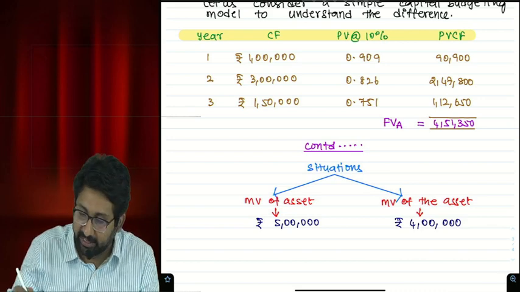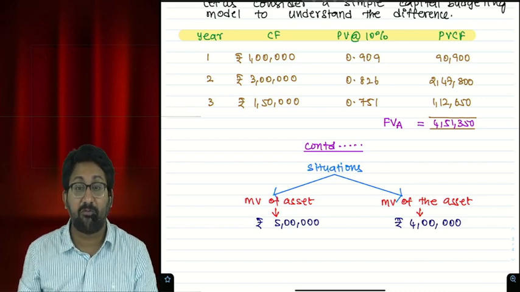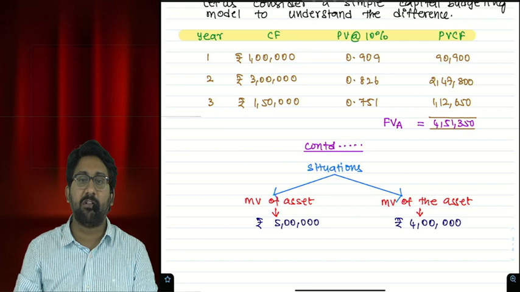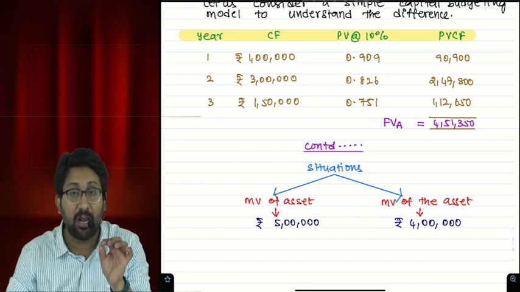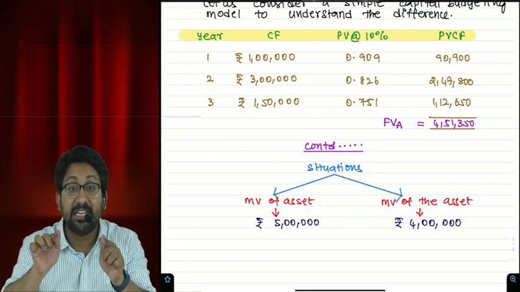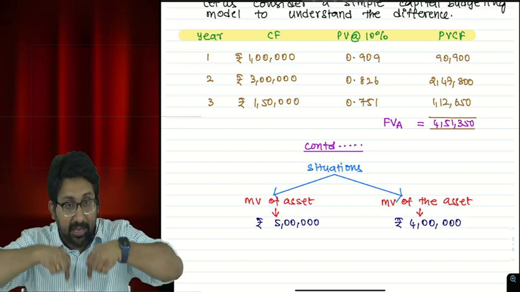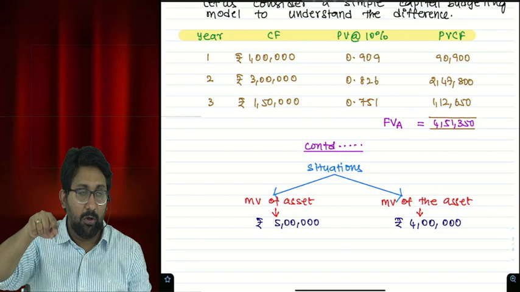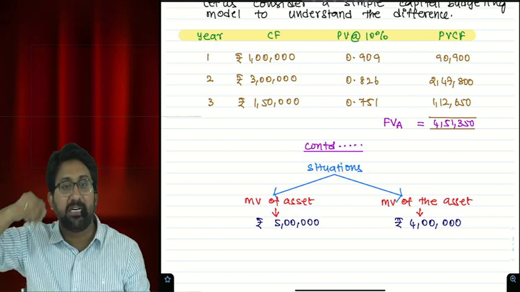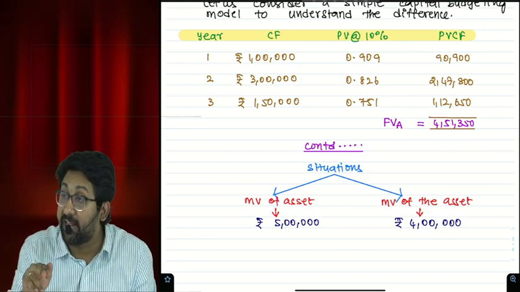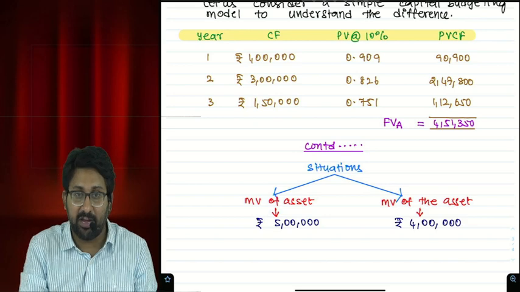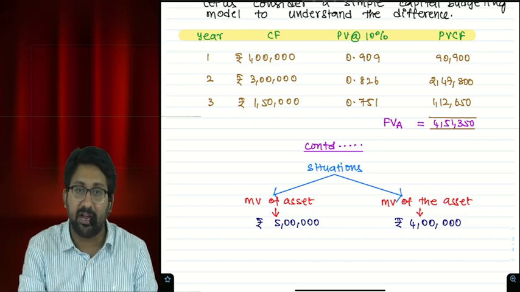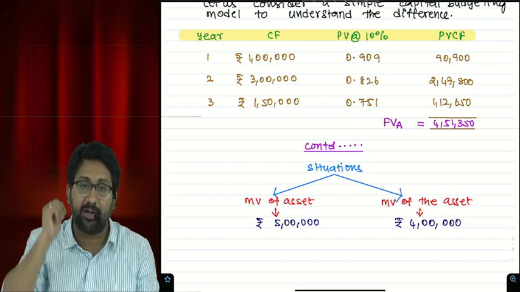Fair value of the asset is 4,51,350. How to interpret this 4,51,350? This is the value to this company. The CFO, who is valuing this capital budgeting decision, is expecting a cash flow of 1 lakh rupee after 1 year, 3 lakh rupee after the second year, 1,50,000 at the end of the third year.